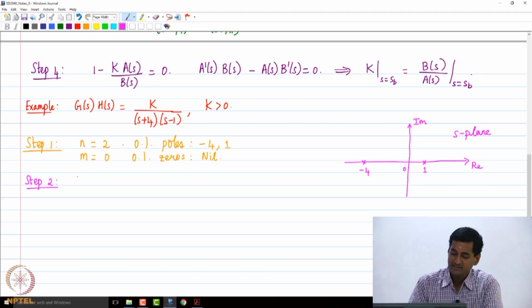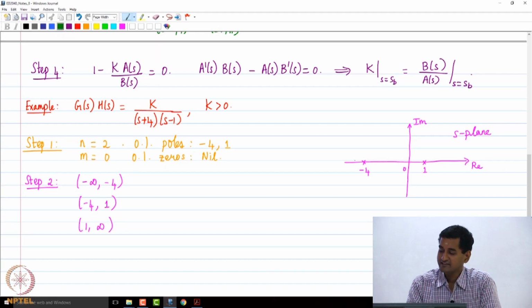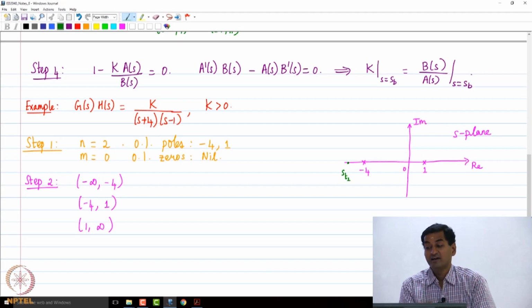So we immediately see that the real axis is divided once again into 3 regions: -infinity to -4, -4 to +1, and 1 to infinity. Now if we take a test point here, s_t1, and look to the right, how many open loop poles and open loop zeros do we have? 2, and that's even. So now -infinity to -4 lies on the root locus. Now what about -4 to +1?